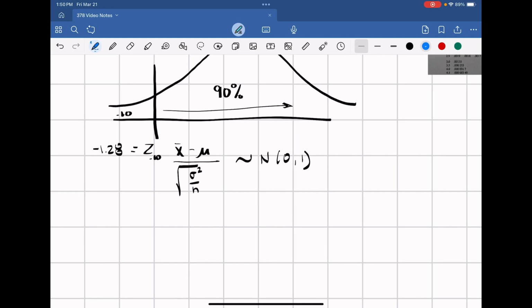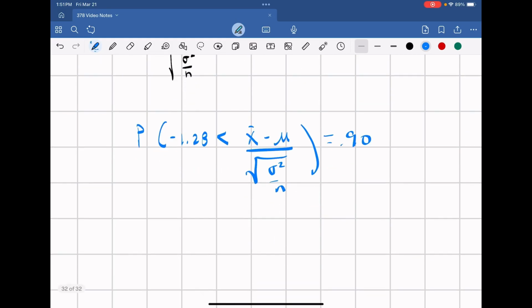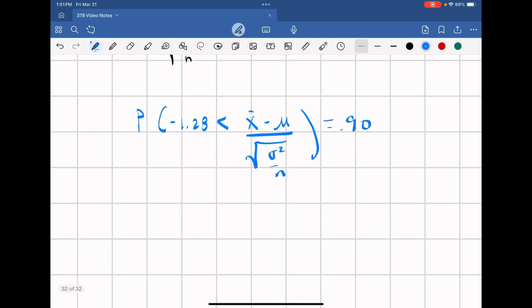Now we can go into the probability that negative 1.28 is less than X bar minus mu over the square root of sigma squared over n is equal to 0.90. And now all we have to do is plug and chug the things in the middle.